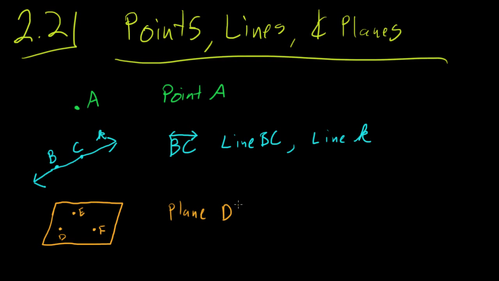Plane DEF. And order doesn't matter here. Order didn't matter here either. It could have been line CB just as easily. Okay. Also, sometimes planes are named by a single capital letter. This could be plane M.